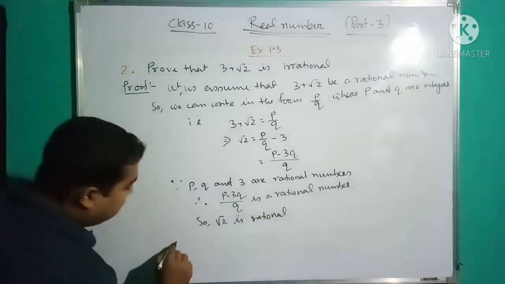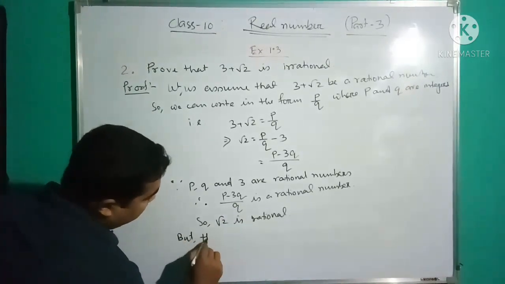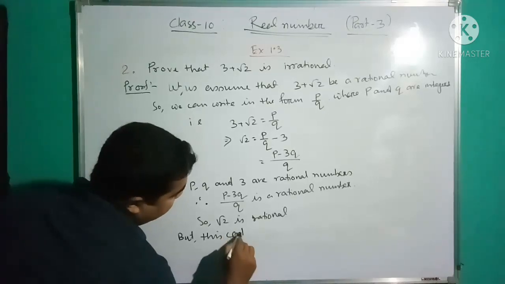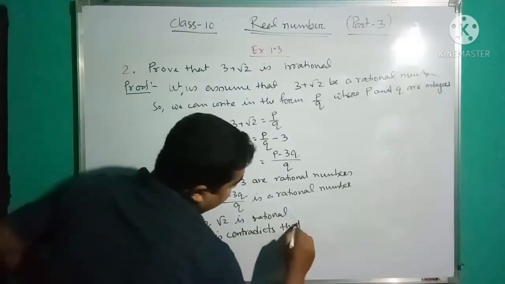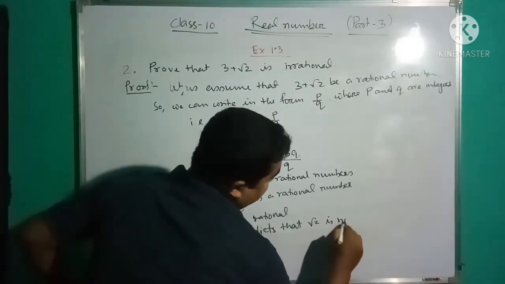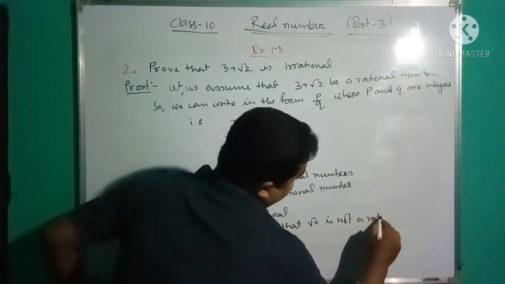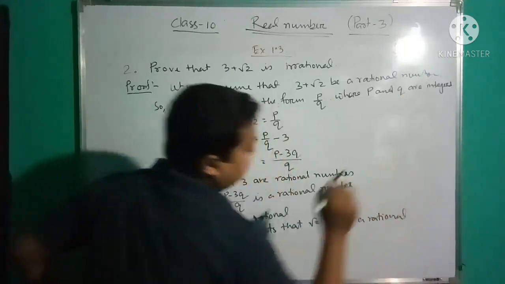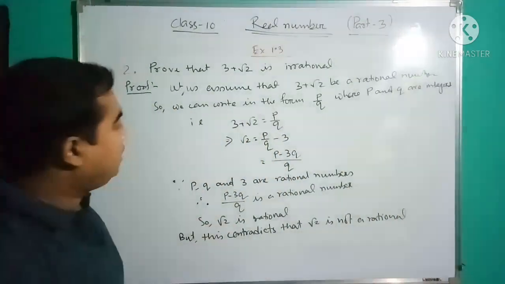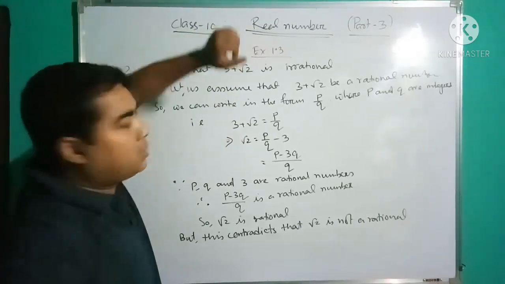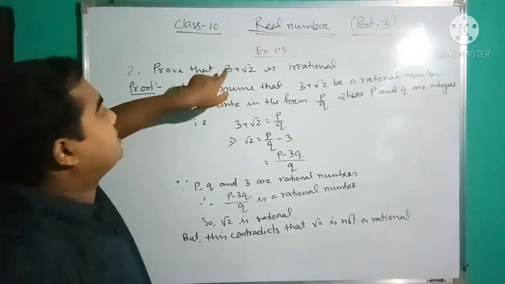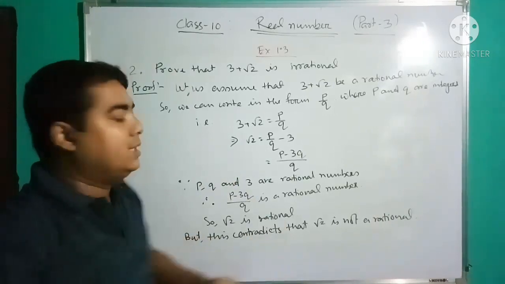So this contradicts that root 2 is not a rational number. Thus, we conclude that the sum of a rational and an irrational number is always irrational.